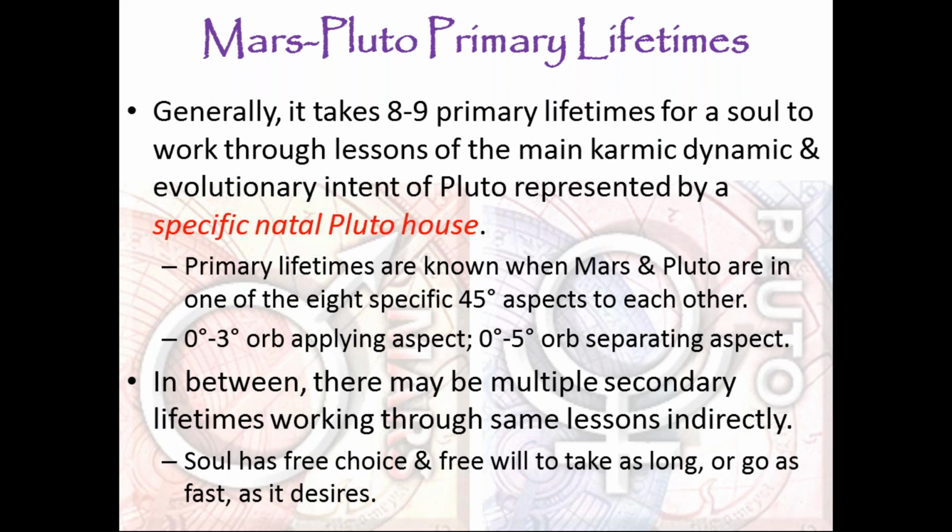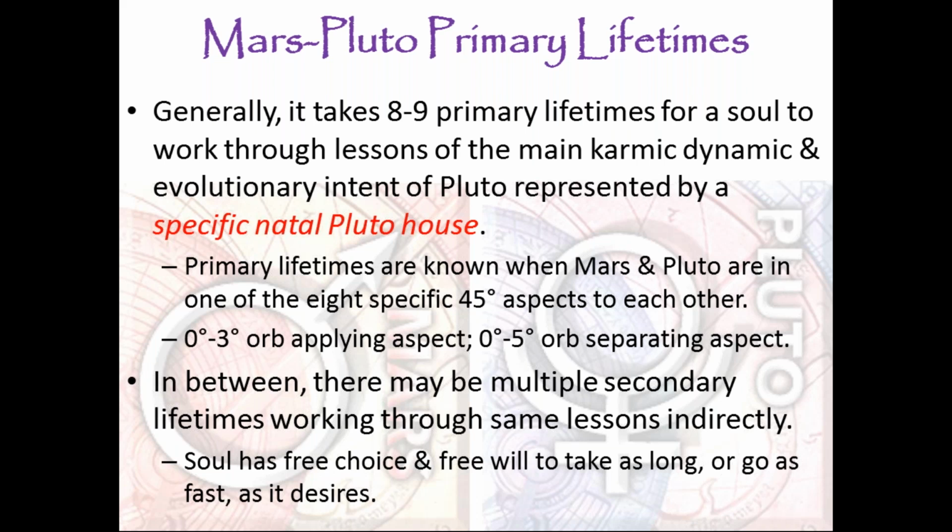And in between any of these 8 Mars-Pluto primary aspects, 45 degrees, there can be all kinds of secondary lifetimes, and that's going to be represented by all of those secondary aspects.